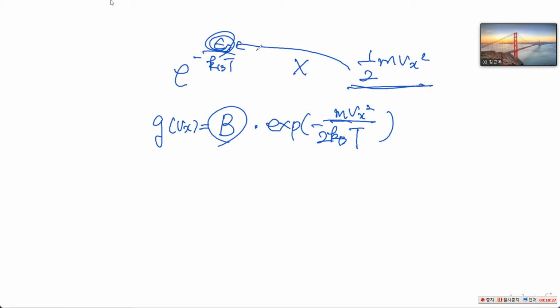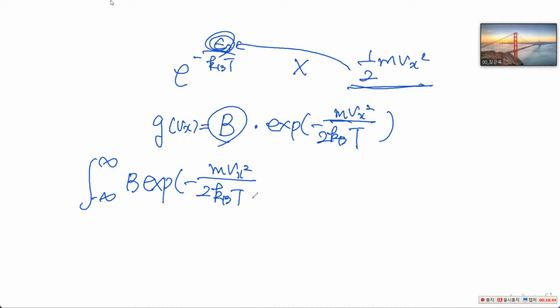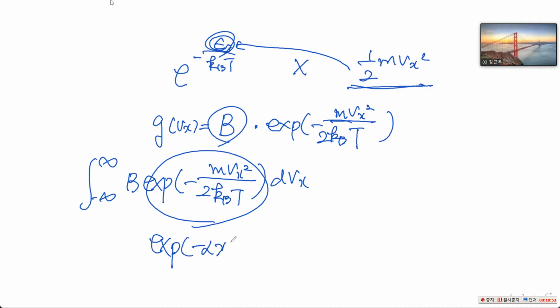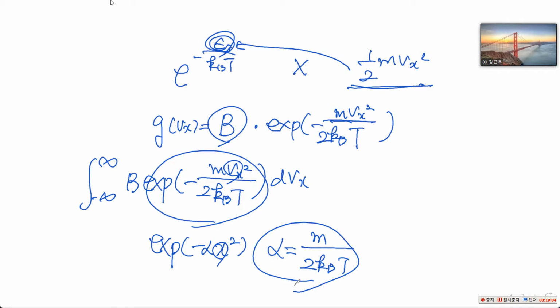Integrating from negative infinity to infinity of B exponential minus mvx squared over 2 kBT dvx, the form looks like minus alpha x squared, where alpha is m over 2 kBT, since vx is x here, right? So we can do this, and that result is given by the Gaussian integral.